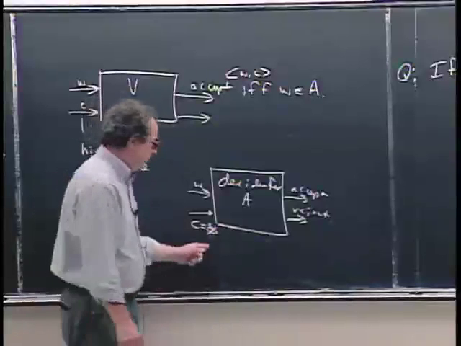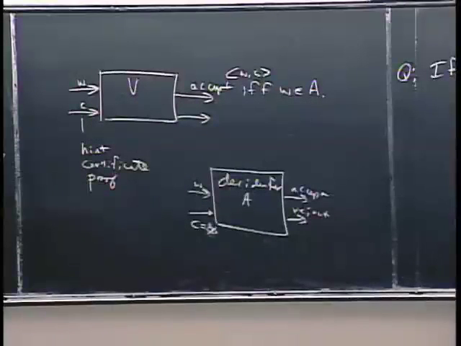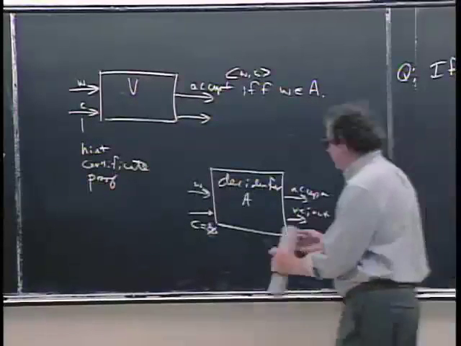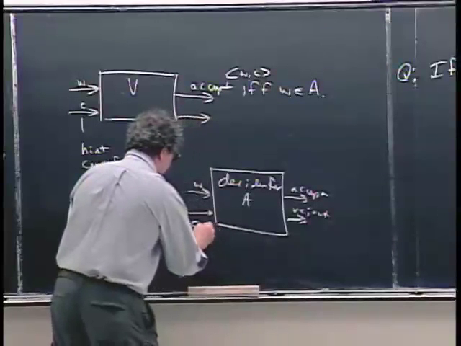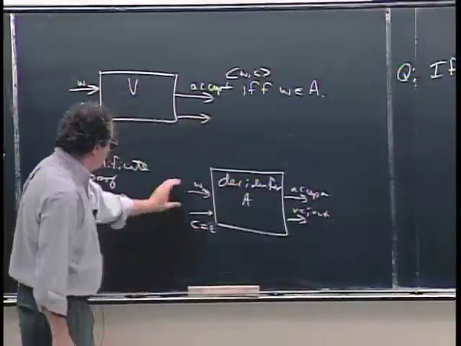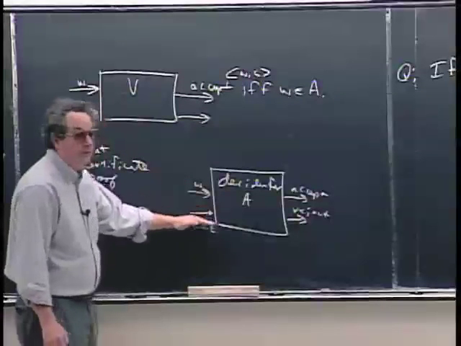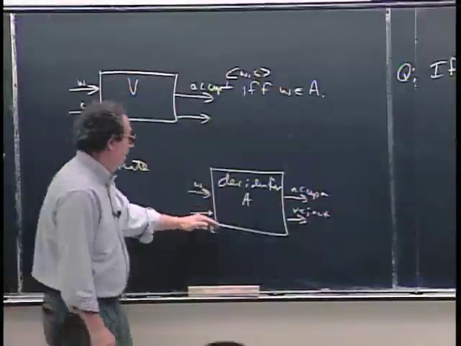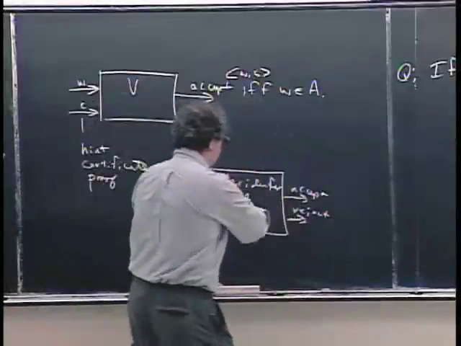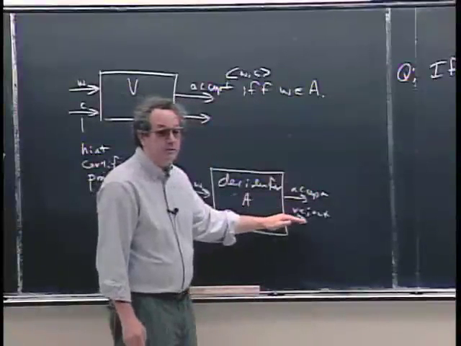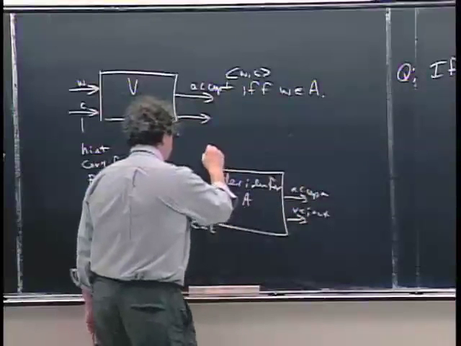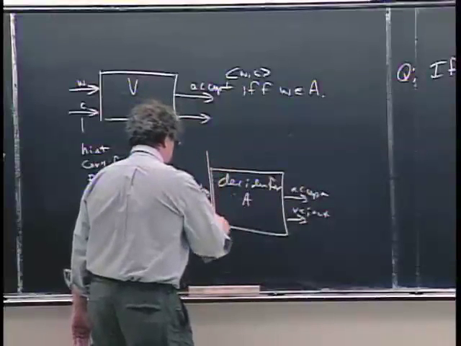That's not the empty language, C is the empty string, epsilon. So I input W, I input the empty string. Then the decider looks at W and accepts or rejects. Let's put a bigger box here.